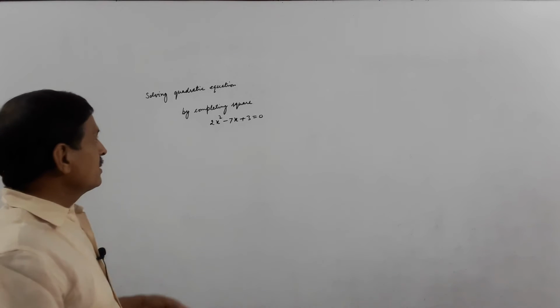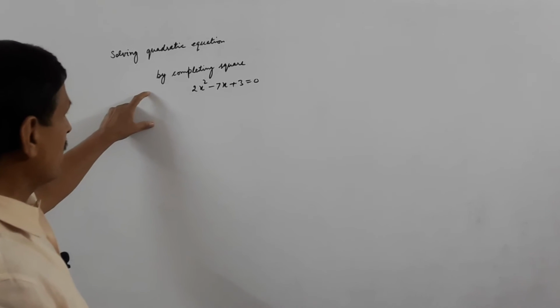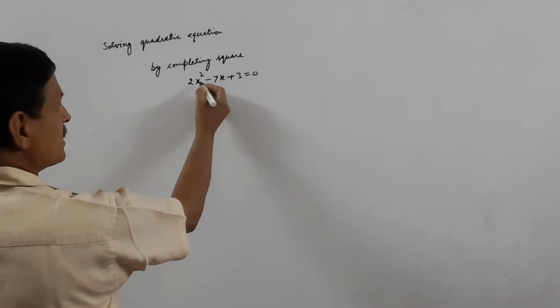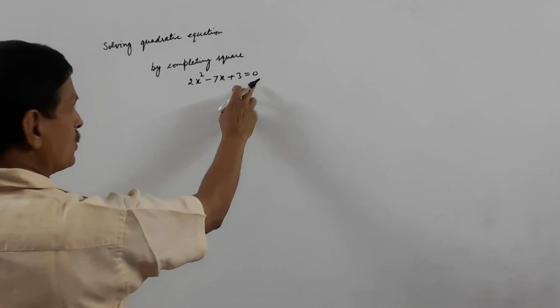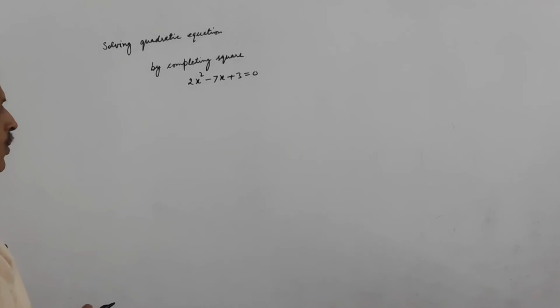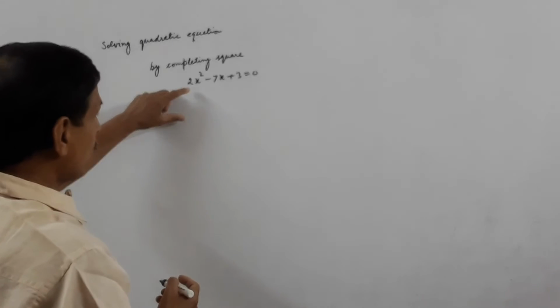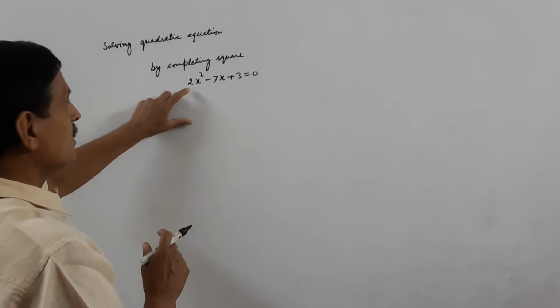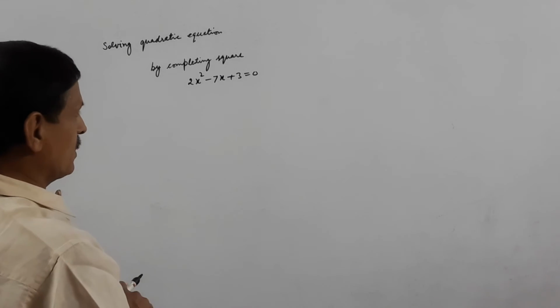Next method is by completing square. The quadratic equation 2x square minus 7x plus 3 is equal to 0. We follow the following steps. If the coefficient of x square is 1, then we proceed further.